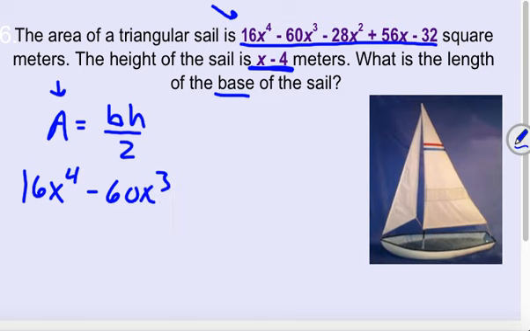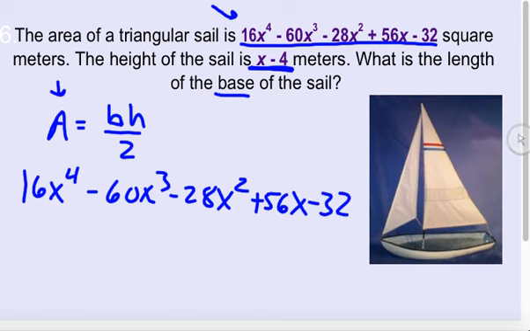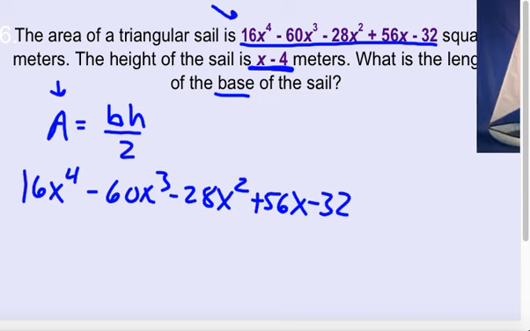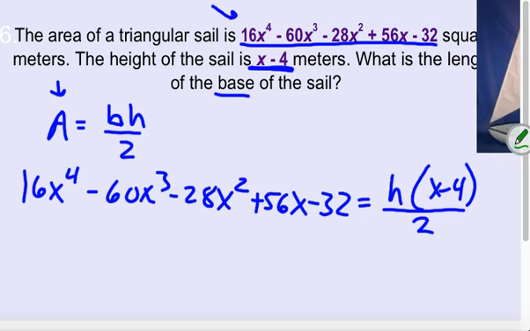So the area equals the base, we don't know what the base is, times the height. The height is x minus 4, all over 2. Whenever you're working with triangles, you're going to have to multiply both sides by 2, so those 2's cancel out.